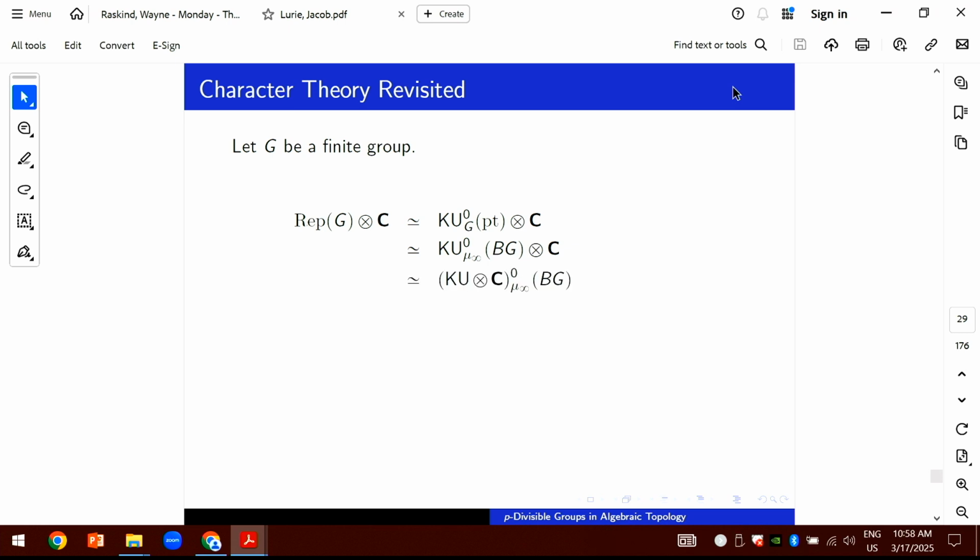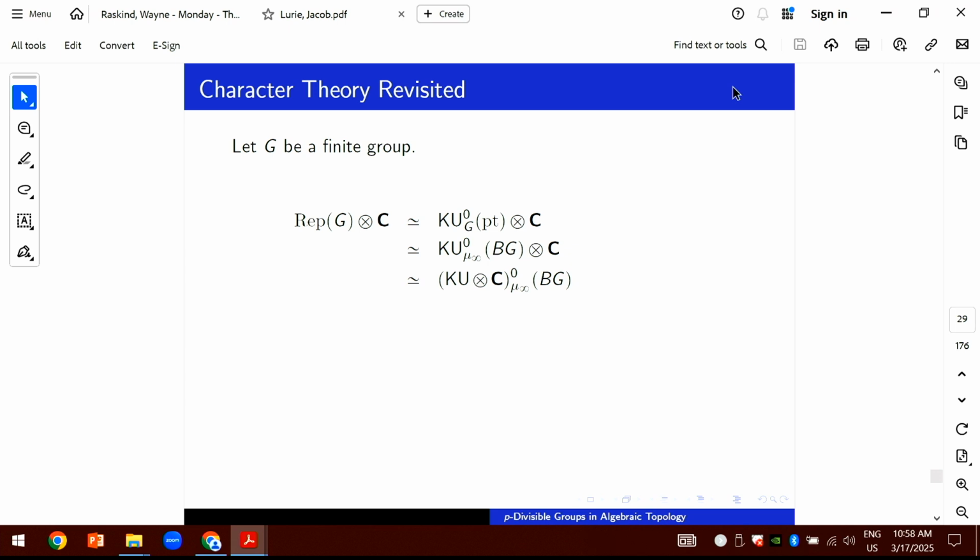The theorem says that tempered cohomology behaves well when you extend scalars, in particular from Ku to the complexification of Ku. So you can take Ku, tensor it with the complex numbers, and then take the tempered cohomology of BG for that commutative ring spectrum.